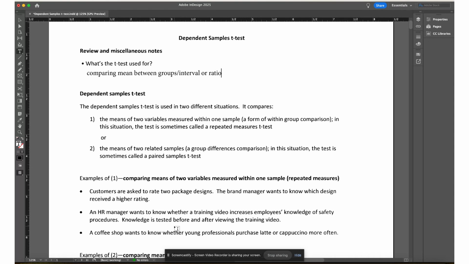So same group of people, same employees, but two different test scores. So that's what we mean by two variables within one sample. And then the final example, which we'll focus on later in the next video, will be this. A coffee shop wants to know whether young professionals purchase lattes or cappuccino more often.